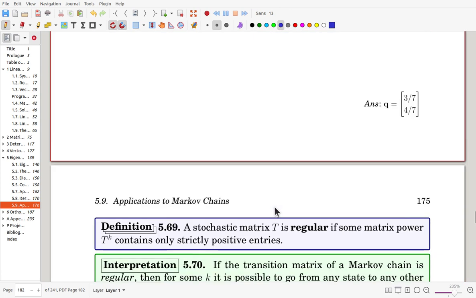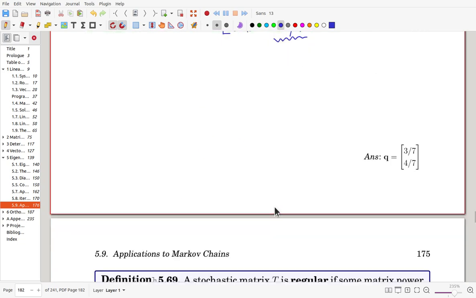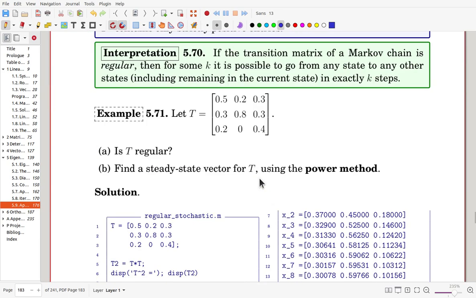We'll see later on that the eigenvalue of the transition matrix is always bounded by 1 in modulus, so once we multiply by the transition matrix again and again, we can find the steady-state vector corresponding to the largest eigenvalue, which is 1.